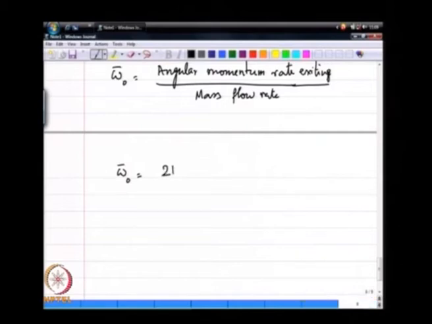W0 would then become 2 pi q r I times r0 minus r0 a.